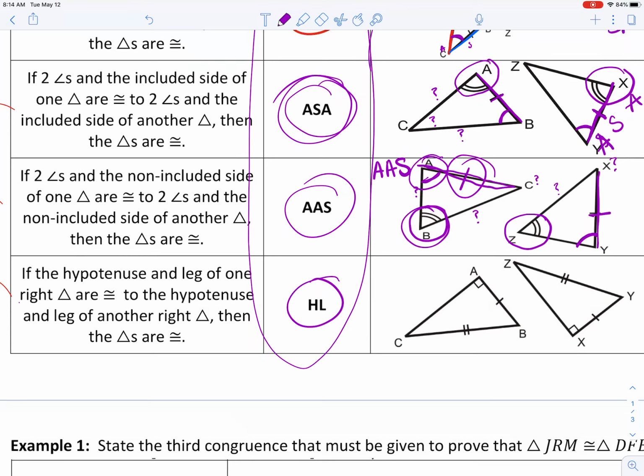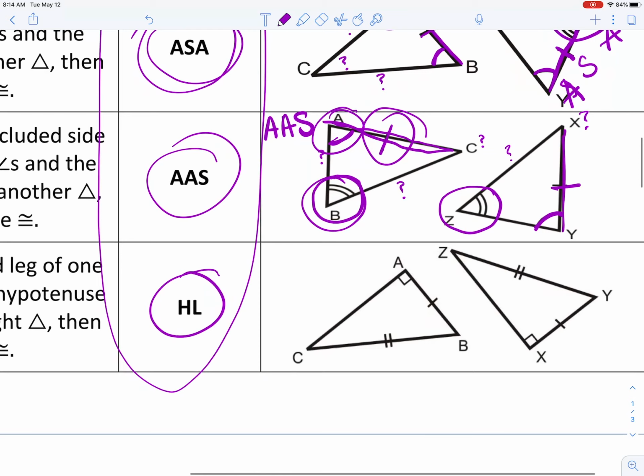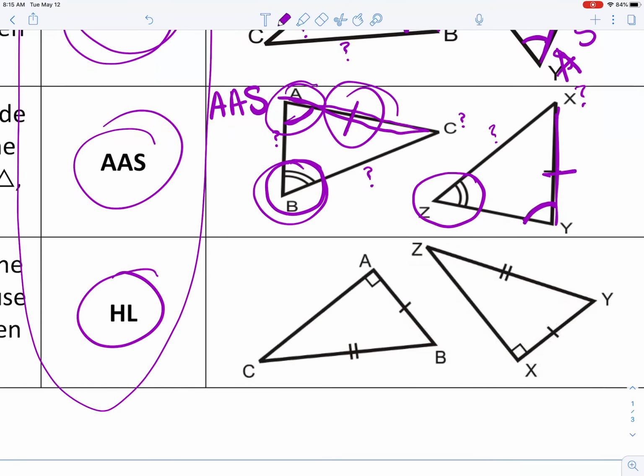All right, the next one is if the hypotenuse and leg of one right triangle, keep in mind this is a right triangle, are congruent to the hypotenuse and leg of another right triangle, then the triangles are congruent. So in order for HL to be a reason, they have to be a right triangle. Now this is a right triangle, this is a right triangle, so we're good on the right triangle.